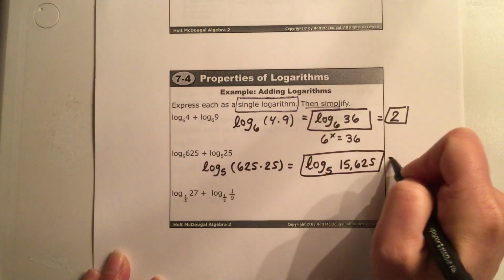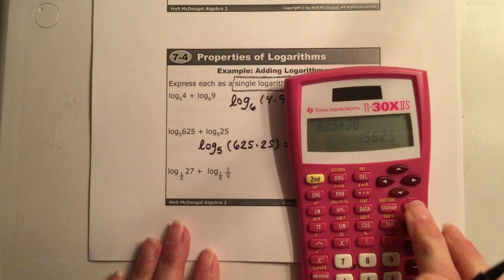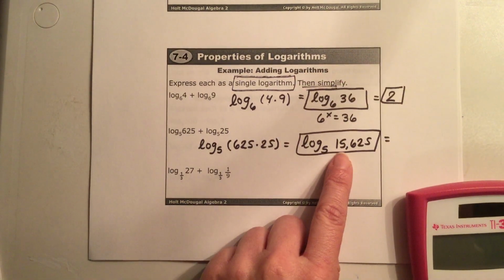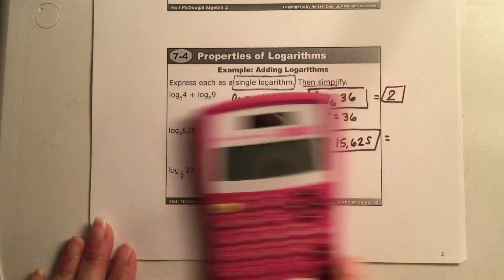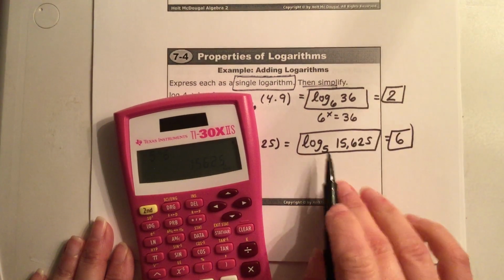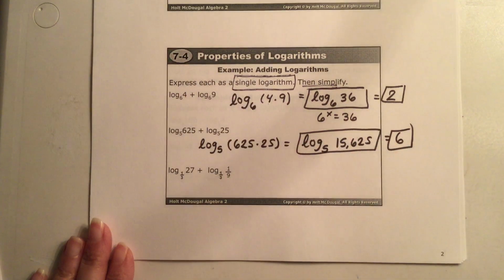There is the single log. Now, obviously, some of these you won't be able to do in your head, okay? So let's just go ahead. 5 to the what power would get me to 15,625? I'm going to go 5 to the power 5. Nope, that wasn't enough. 5 to the power of 6. Hey! So the value would be 6 because 5 to the power of 6 gets you to 15,625.